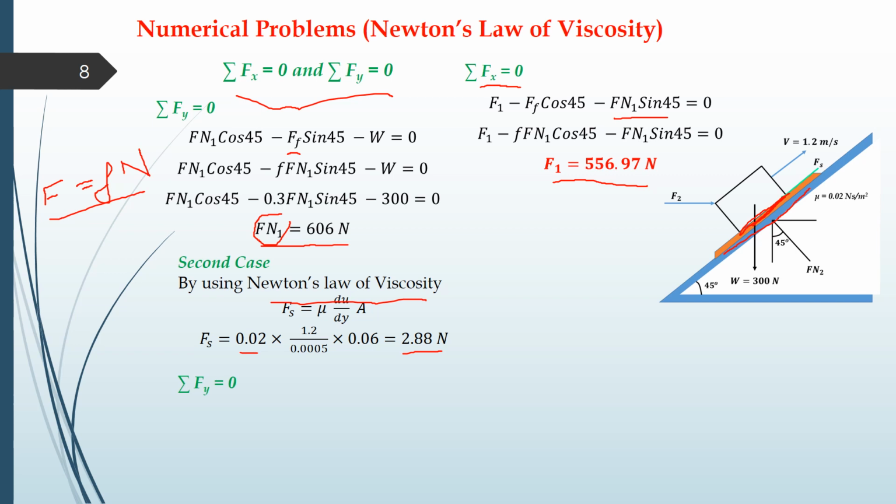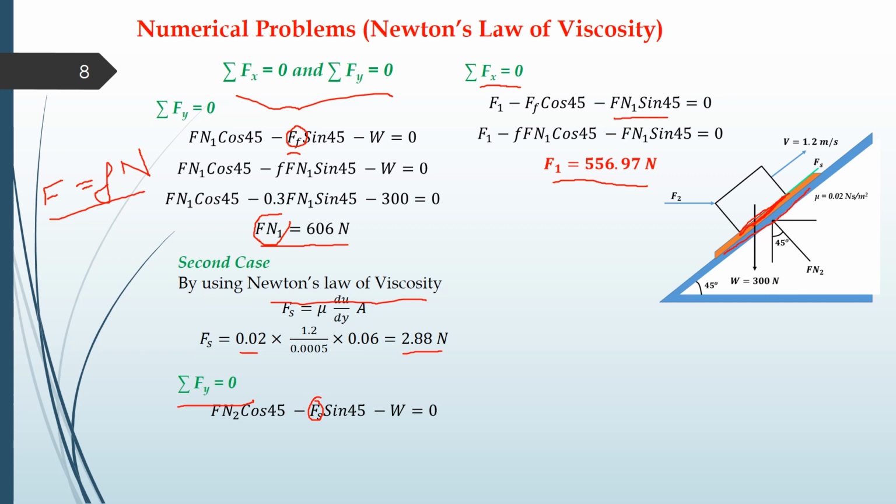Again, we use a similar approach as in the previous case. The summation of forces in the y direction is equal to 0, so the same equation will be used. The difference is that in the previous case we used Ff, but here we will be using Fs, because the resisting force is due to the liquid film.